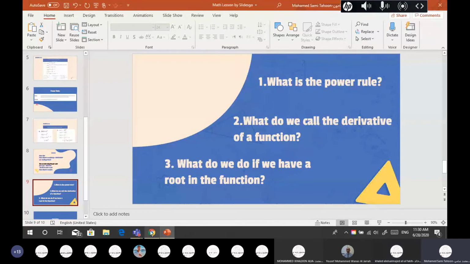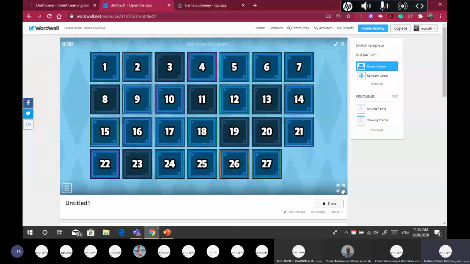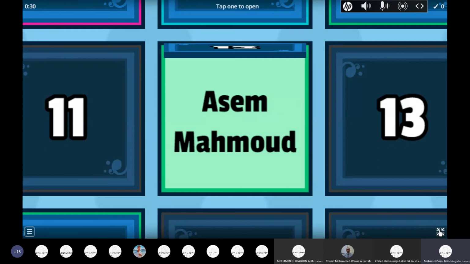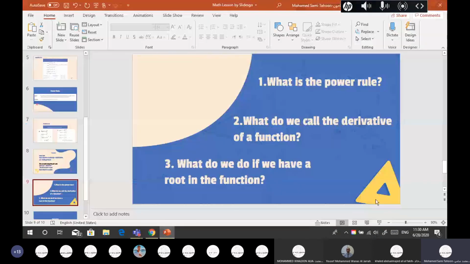Okay, thank you. Pick the next number, please. I choose number 18. Number 12. Okay. Asim Mahmoud, can you answer the last question? Of course. We take the power under the root and put it above the root number to get the power.